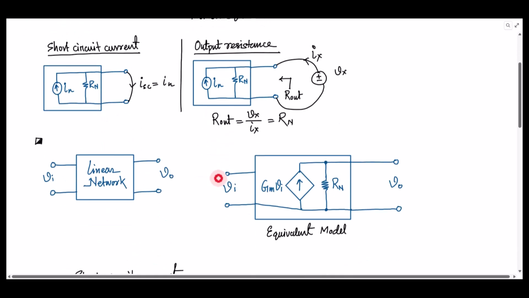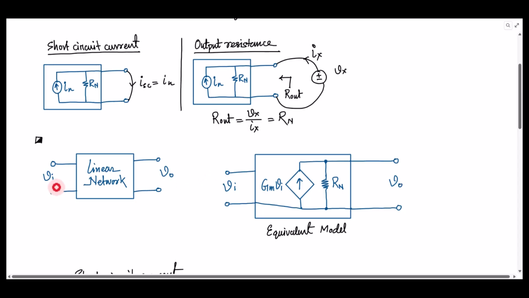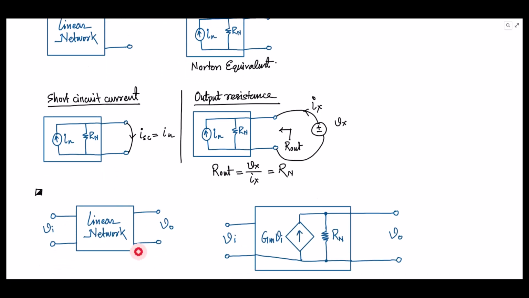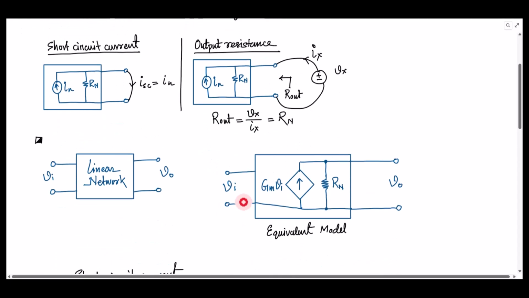Now, we can extend the same idea when we have an input voltage as well. So here we have this linear network, with an input voltage and an output voltage. The ultimate goal is to find the voltage gain of this linear network, and let's see how we can do that. This is the equivalent model for this linear network.